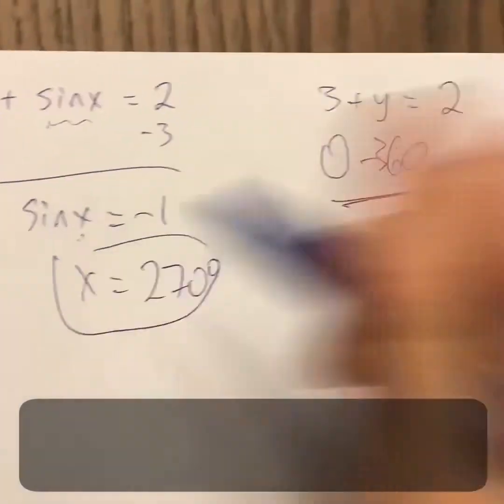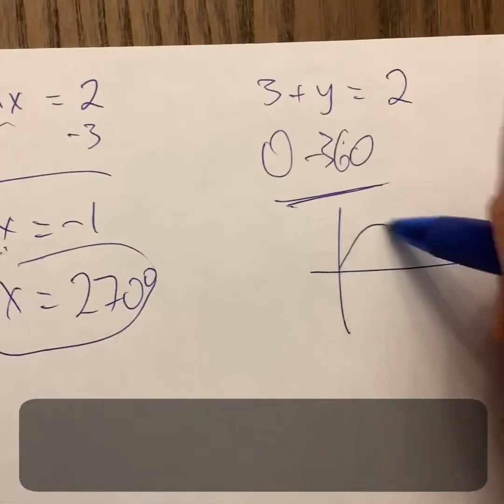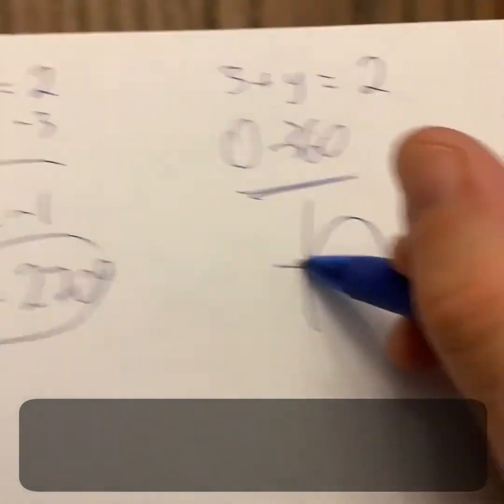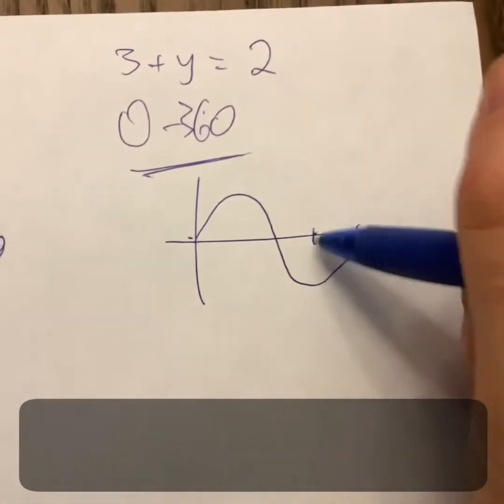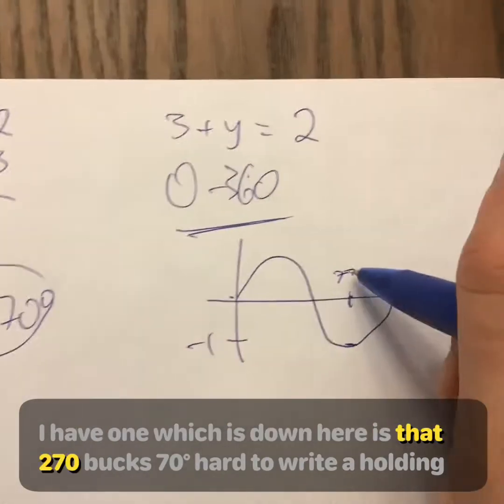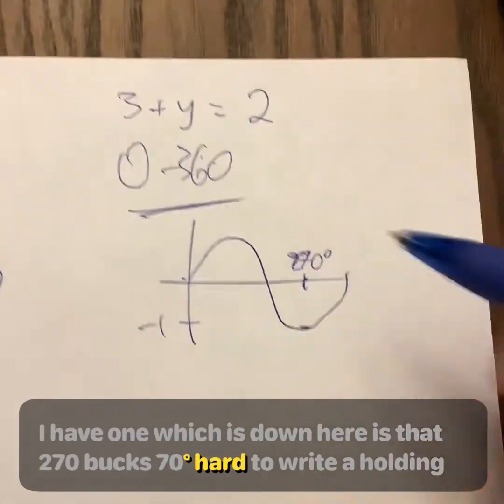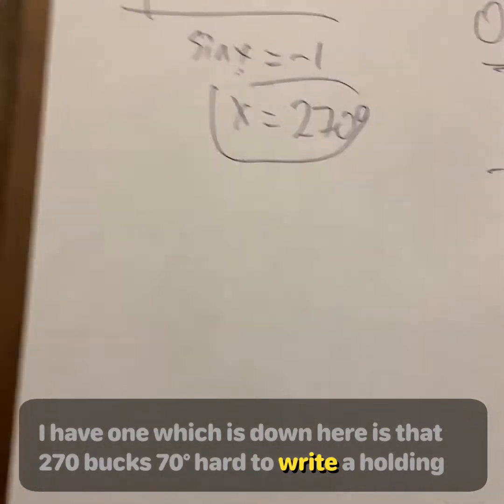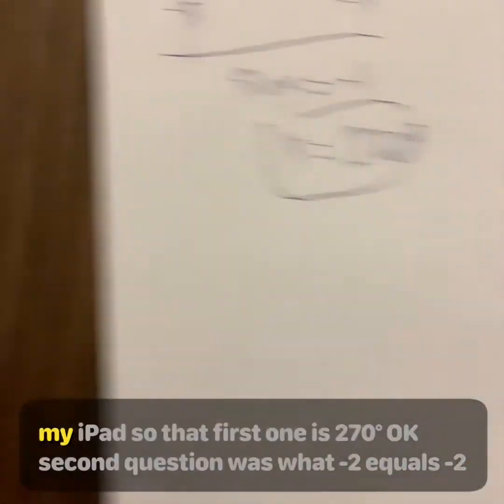You could think of the sine graph, which goes up, down. The only time from 0 to 360 that you get to -1, which is down here, is at 270 degrees. Hard to write while holding my iPad. So that first one is 270 degrees, okay?